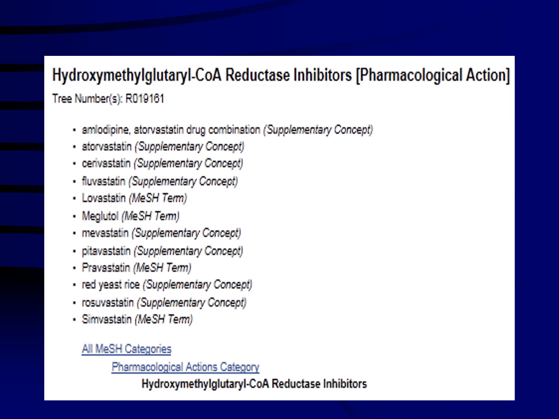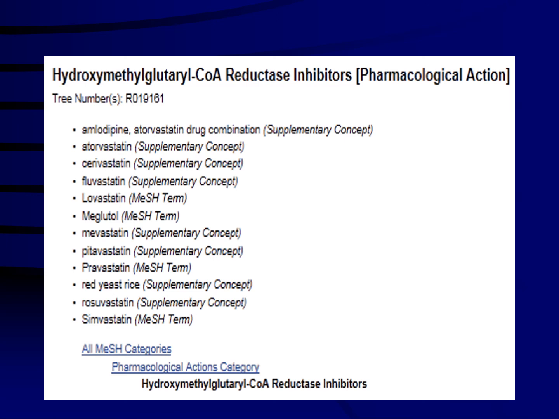You can see that you have a combination drug mapped to this term, amlodipine, atorvastatin. And then you start getting your statins: atorvastatin, cerivastatin, fluvastatin, lovastatin. You also get meglutol. And then mevastatin, pitavastatin, pravastatin, red yeast rice, rosuvastatin, and simvastatin.